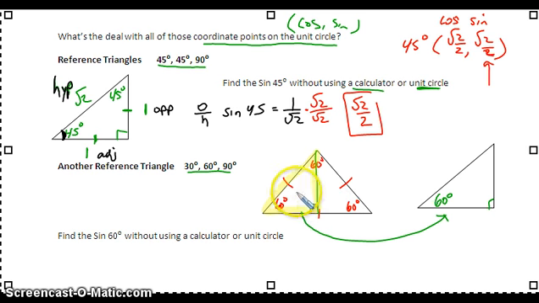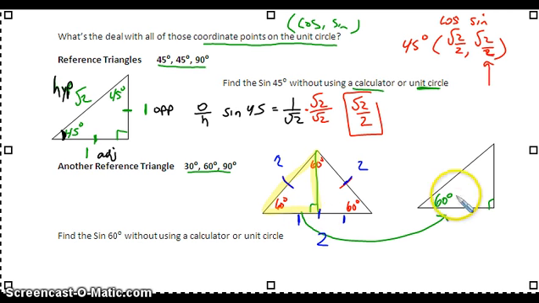Let me assign some side lengths for this equilateral triangle. I'm going to choose 2. And the reason I'm going to choose to write these as 2 is then when I put this altitude in here, it will bisect this, and this part will become 1, and this part will become 1. I specifically chose 2 so that when I divided it in half, I didn't get a decimal. I got a nice number to work with.